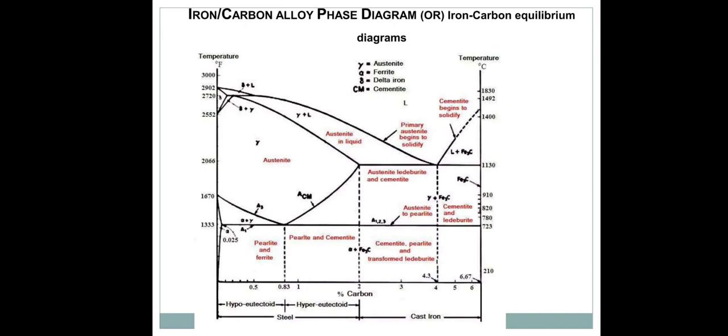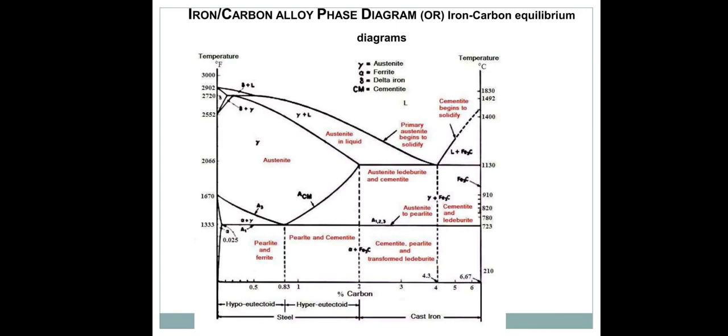The name derives from its lustrous appearance similar to mother of pearl when viewed in white light under a microscope. The properties of pearlite are midway between ferrite and cementite. It is relatively strong, hard, and ductile.